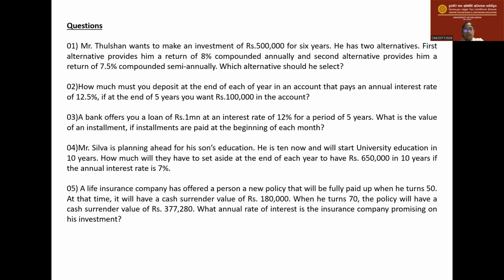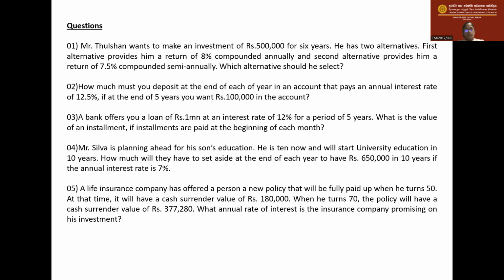Mr. Silva is planning ahead for his son's education. He is 10 now and will start university education in 10 years, right? How much will they have to set aside at the end of each year to have rupees 650,000 in 10 years if the annual interest rate is 7%? Final one: a life insurance company has offered a person a new policy that will be fully paid up when he reaches 50.